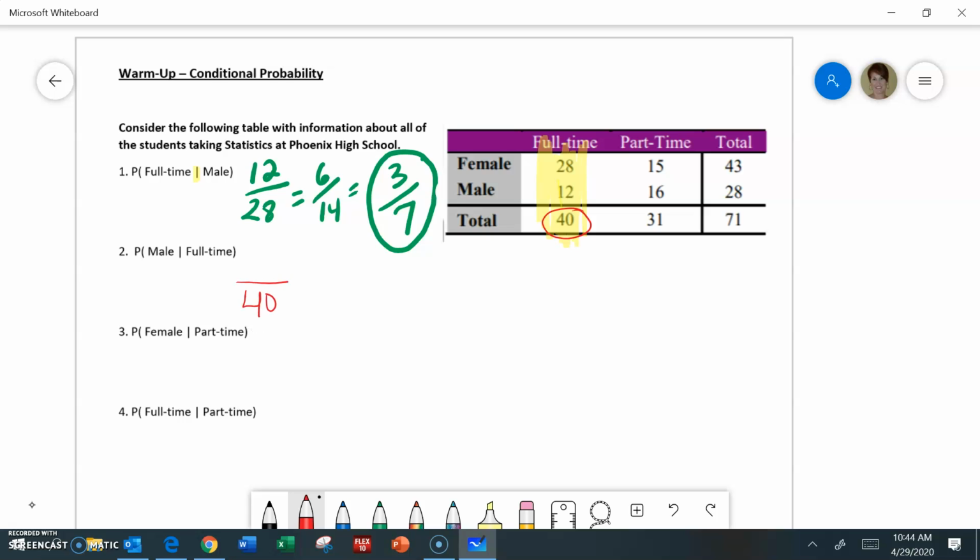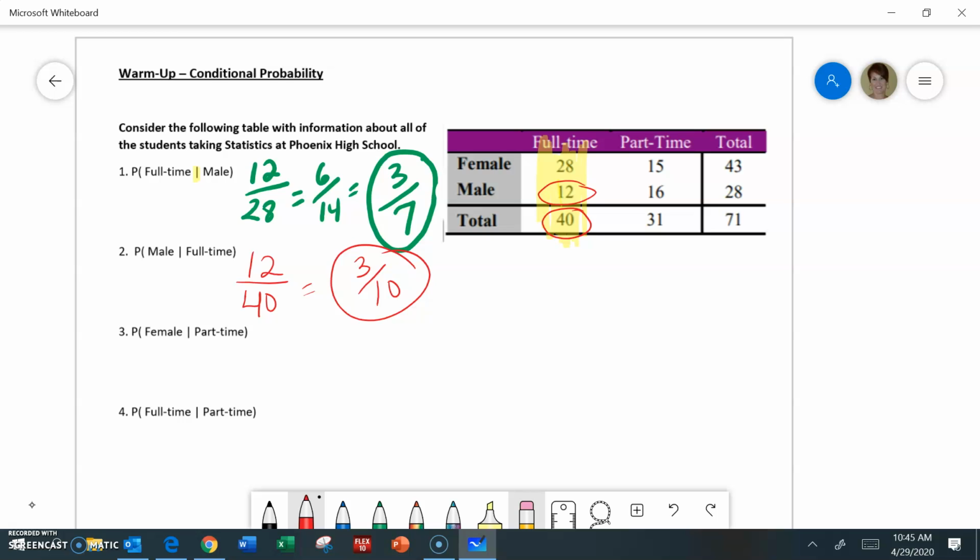Now we're looking for just the males, and that's 12 of them. So once again, we're going to reduce. Well, I'm going to start with, let's see, 4 goes into both of these. So 12 divided by 4 is 3, and 40 divided by 4 is 10. So your final answer would be 3/10.